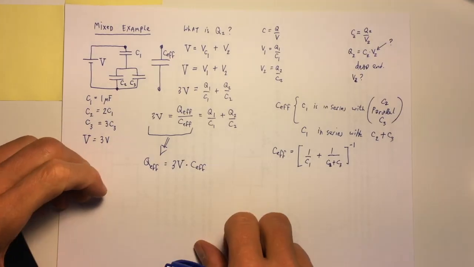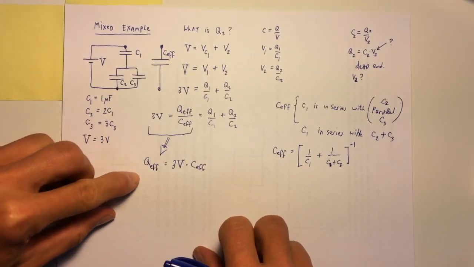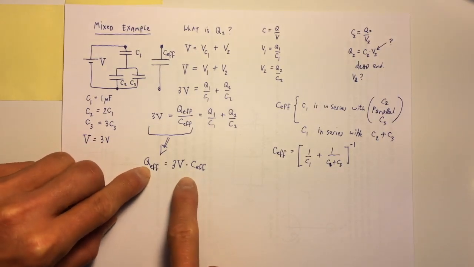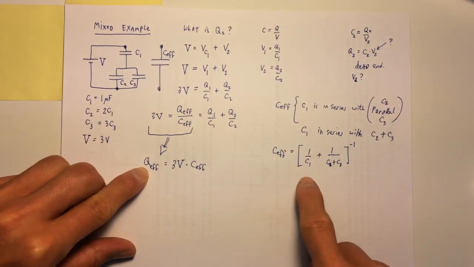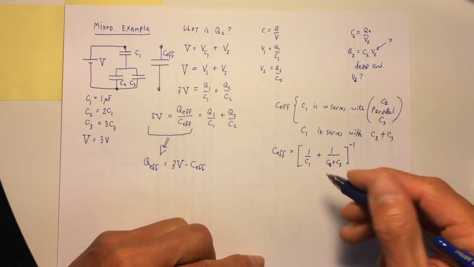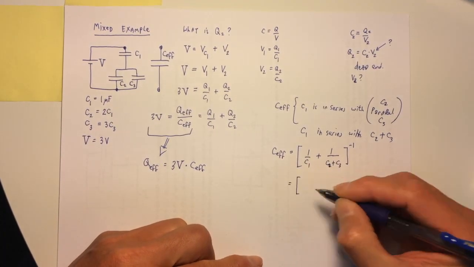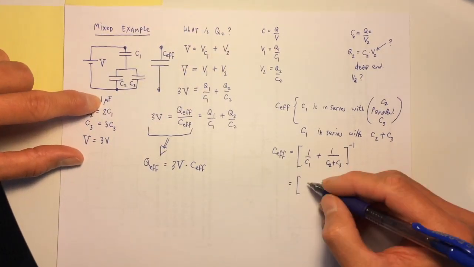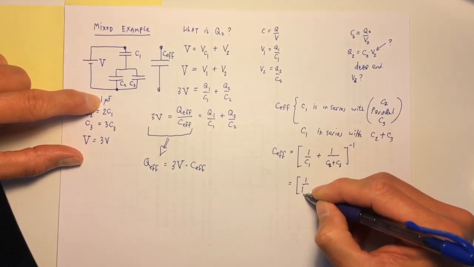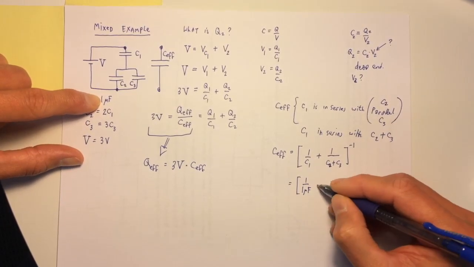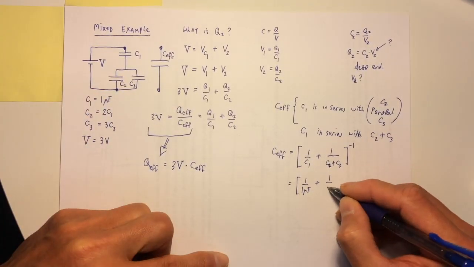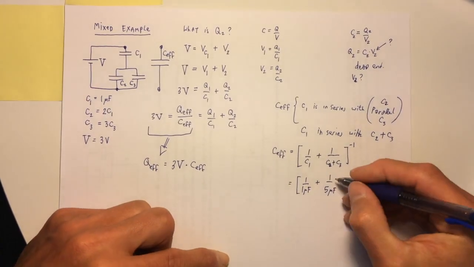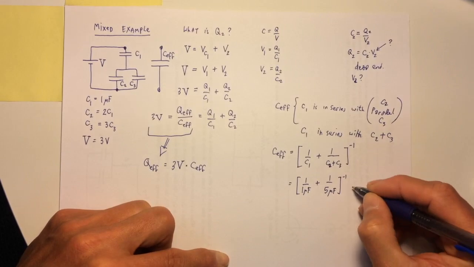Okay. So when I take this step, cool. I know Q effective. So let's go ahead and get C effective. So C1 is 1 microfarad. So this is 1 over 1 microfarad plus 1 over 2 microfarads plus 3 microfarads, and I'll raise to the minus 1 power.